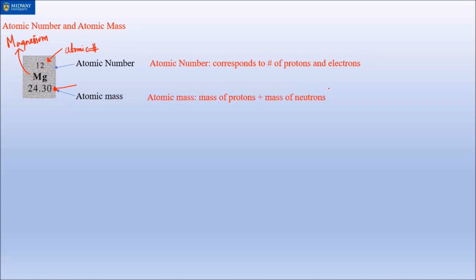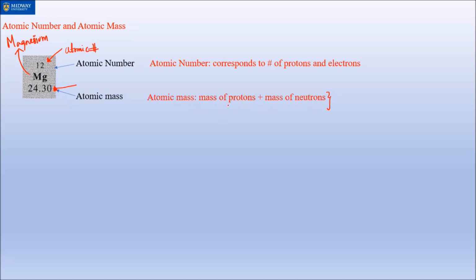That's how this value is determined. This is not saying anything about how many neutrons we have. Be careful: atomic number tells you the number of protons and electrons, whereas atomic mass does not tell you how many neutrons you have, but you have to account for the number of neutrons as well.